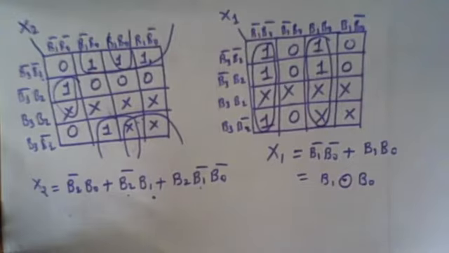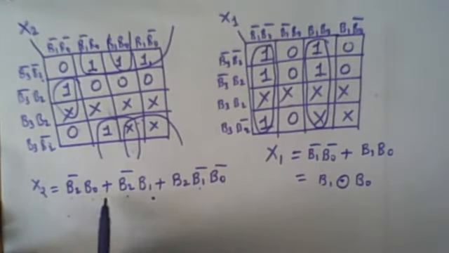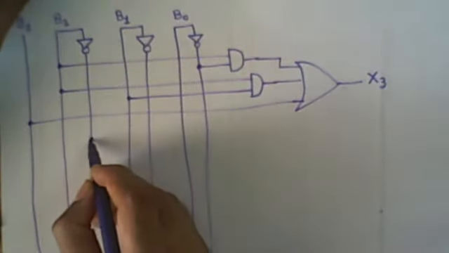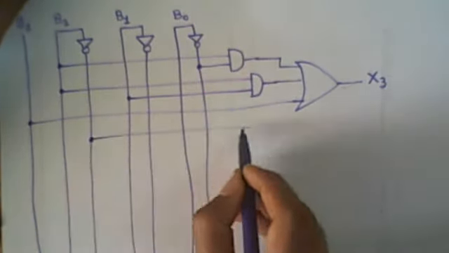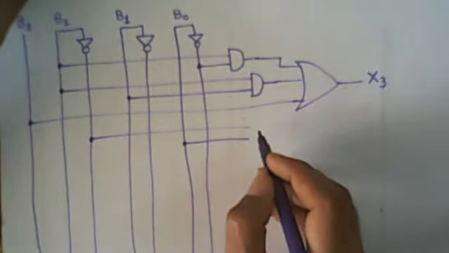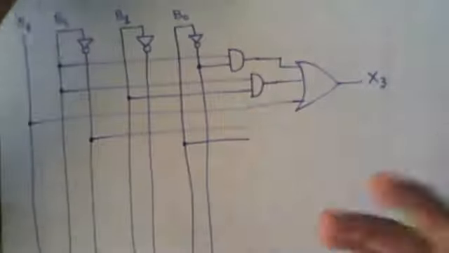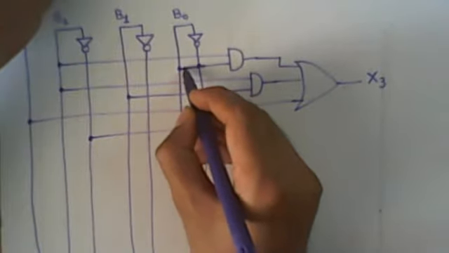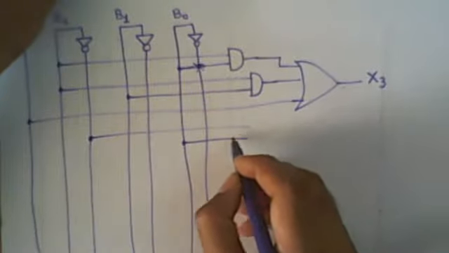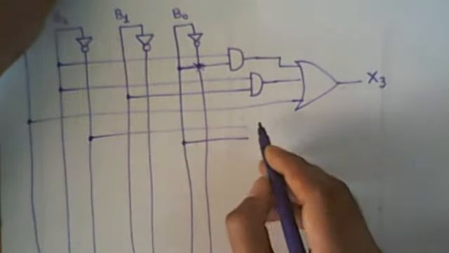Now what about the X2? X2 is B2 bar B0, B2 bar B1. So let's first do the B2 bar. B2 bar and B0, and another is B2 bar and B1.